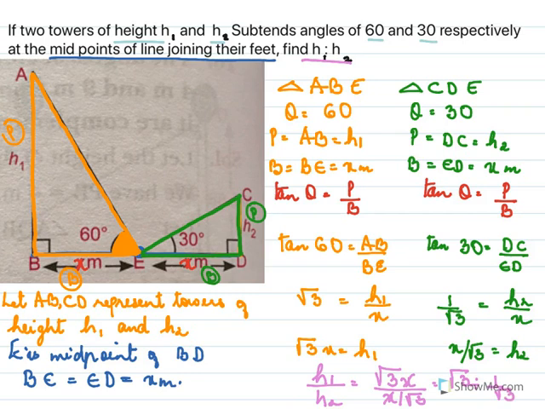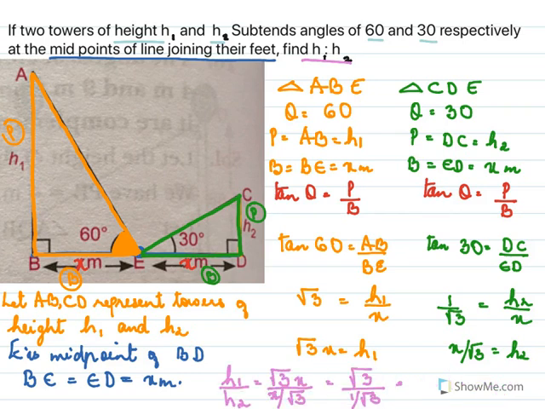Divide by 1 over root 3, and this would be root 3 into root 3. So we have root 3 divided by 1 over root 3, which is root 3 into root 3. So that is 3 over 1. So the ratio of h1 over h2 is 3 over 1, or 3 ratio 1.